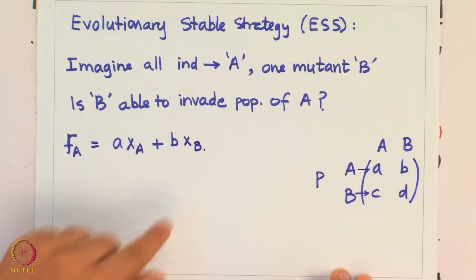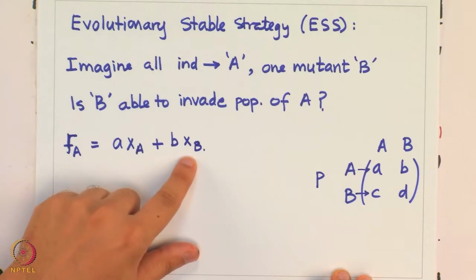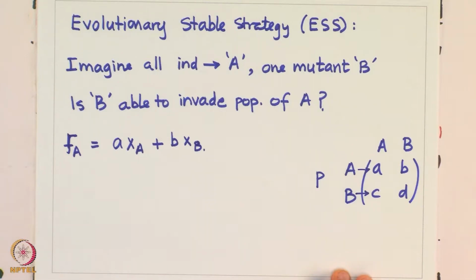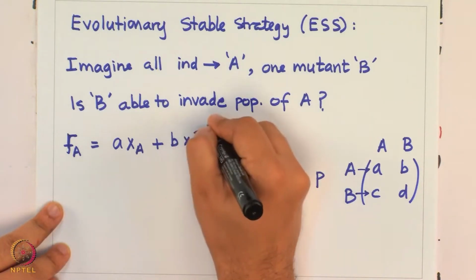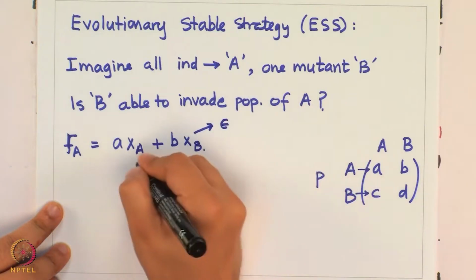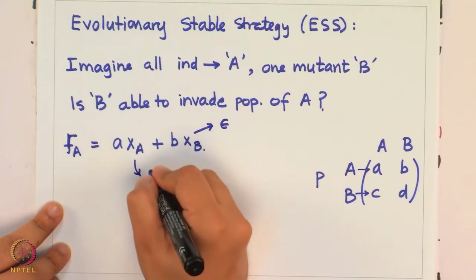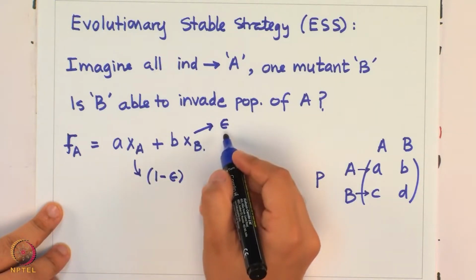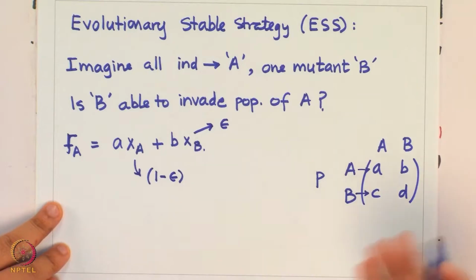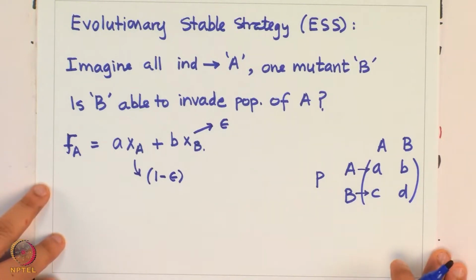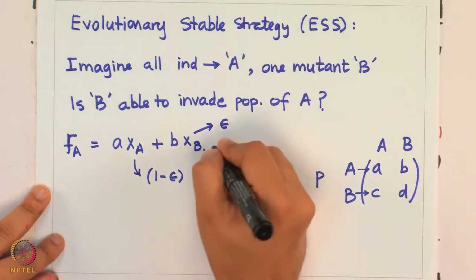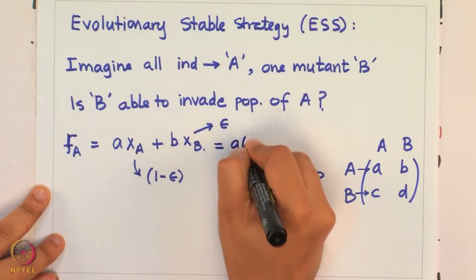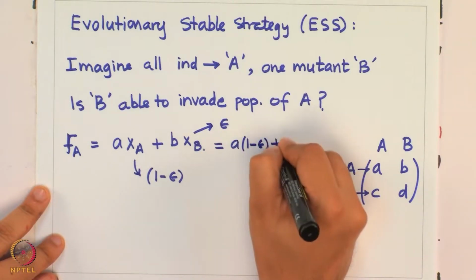But XB corresponds to the frequency obtained when you have only one individual of type B and everybody else of type A, so I am going to say that XB is a very small number epsilon, and XA consequently is 1 minus epsilon. This is because epsilon is the frequency associated with one individual of genotype B and everybody else of genotype A. So this is FA, which is A times 1 minus epsilon plus B epsilon.